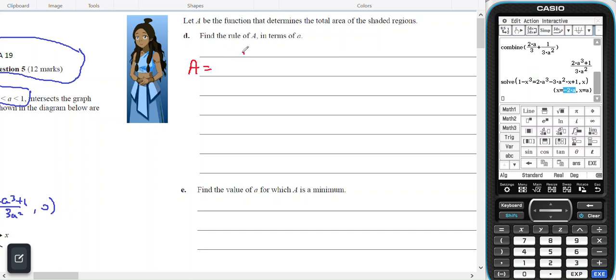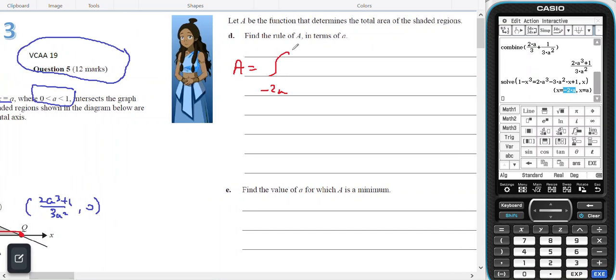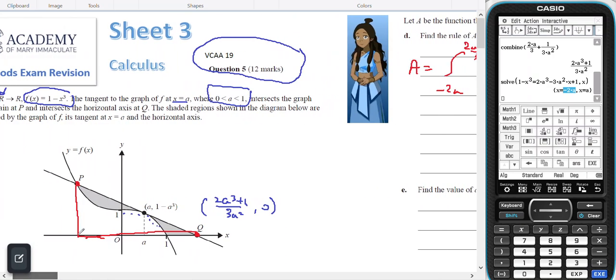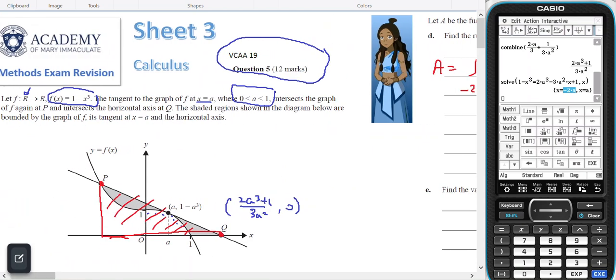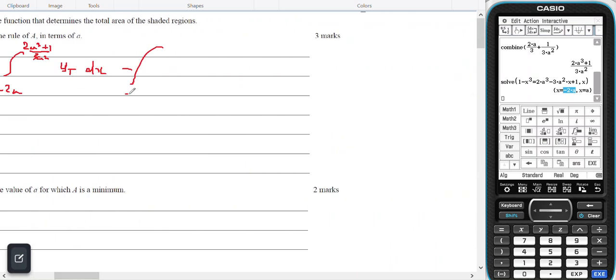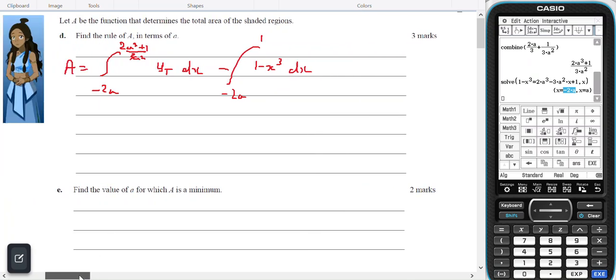So the area is going to equal the integral from minus 2a through to 2a cubed plus 1 on top of 3a squared of my tangent line dx. And that will give me all of this. And from that, I'm going to minus the white bit, which is the area under the function from minus 2a to 1. And that should give me an expression for the total area.